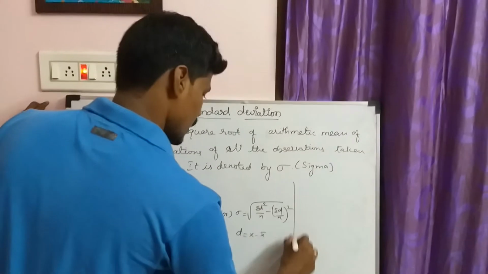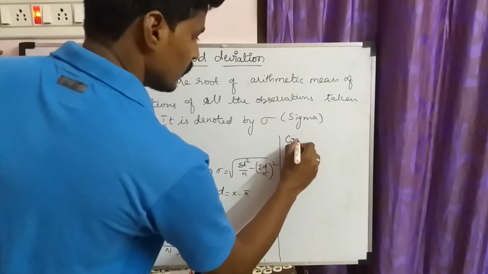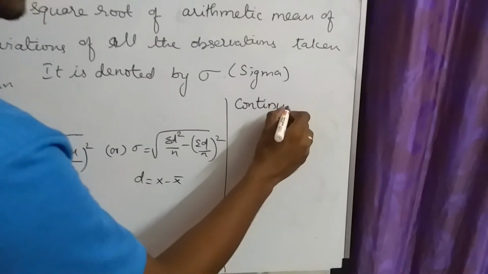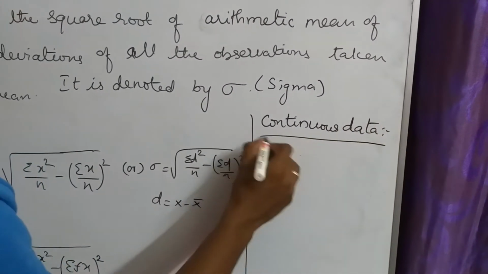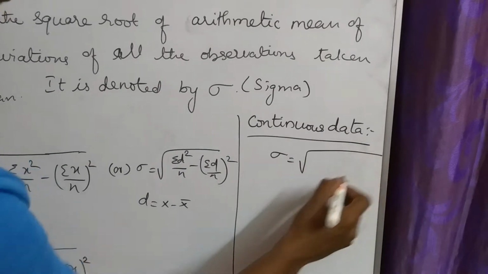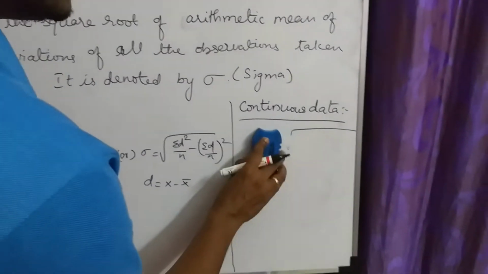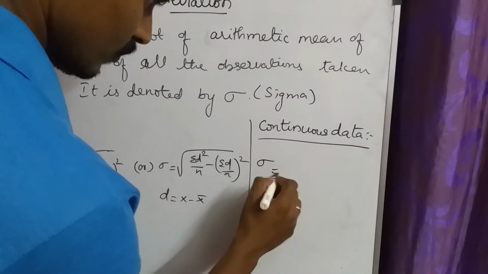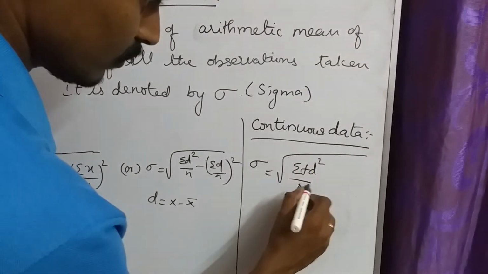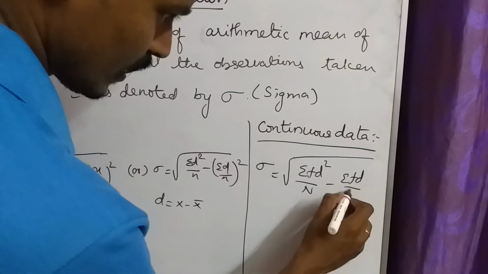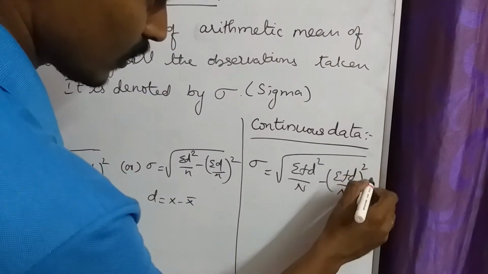And for continuous data, standard deviation equals square root of summation fd squared by n minus summation fd by n to the whole square into c.